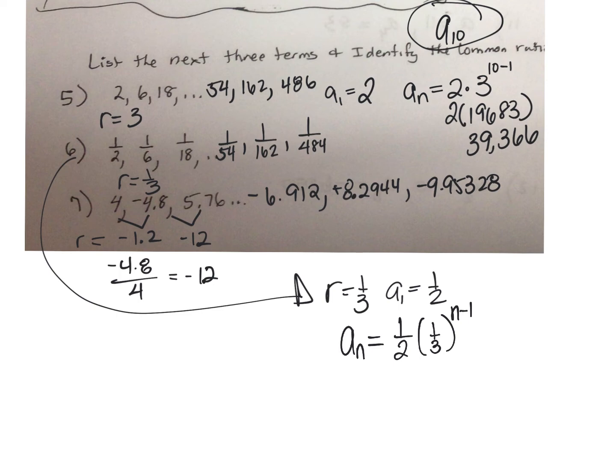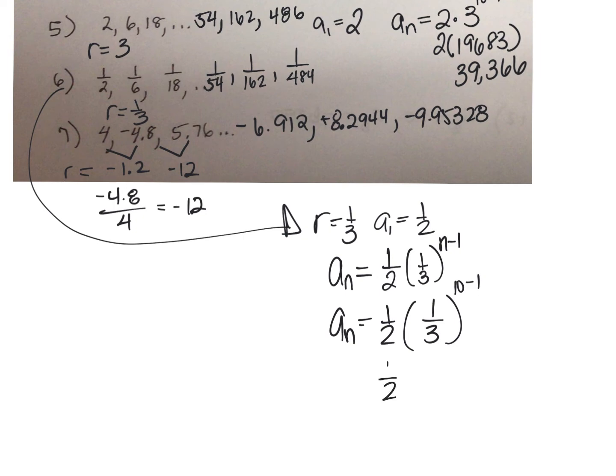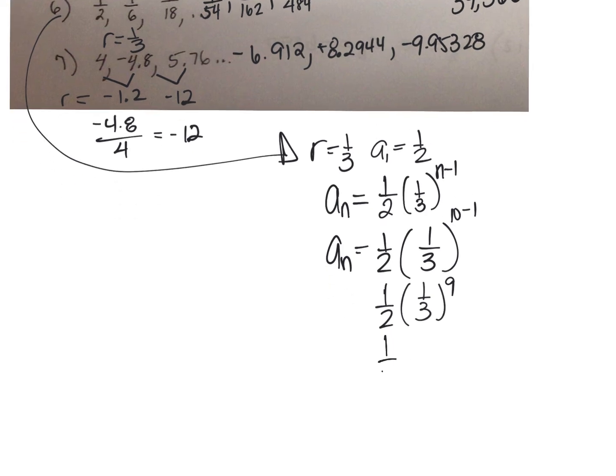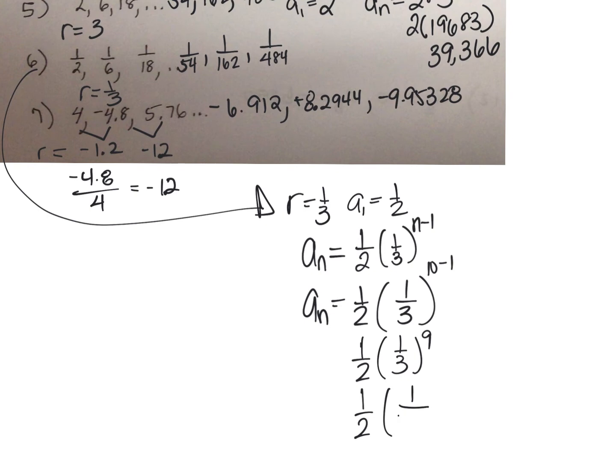So if I want to find a10, it's 1/2 times 1/3 to the 10 minus 1, which is 1/2 times 1/3 to the 9th. I don't want you to do 1/3 to the 9th in your calculator. I want you to do 1 to the 9th, which is 1, and then 3 to the 9th, which we found to be 19683.